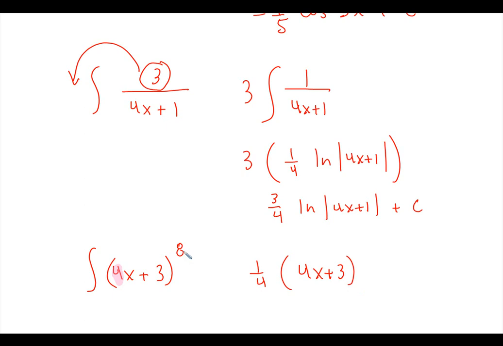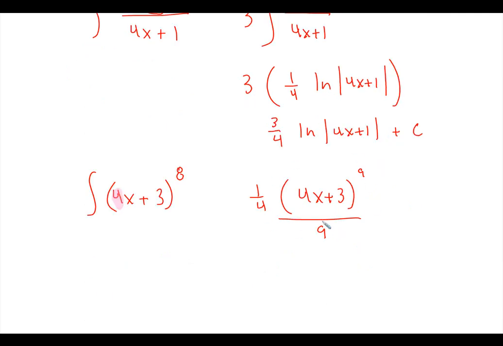We would add 1 to this, which is 9. And then we would divide by what the new exponent is, which is 9. So we fully simplify this. Basically, we're going to get 4x plus 3 to the 9th power over 4 times 9, which is 36. And then we have plus c. Okay?